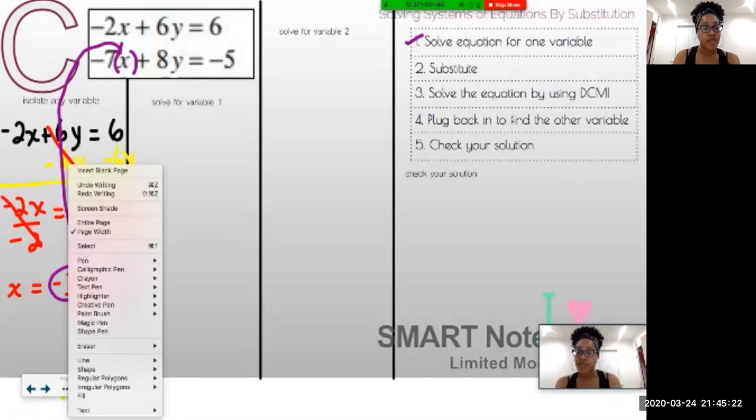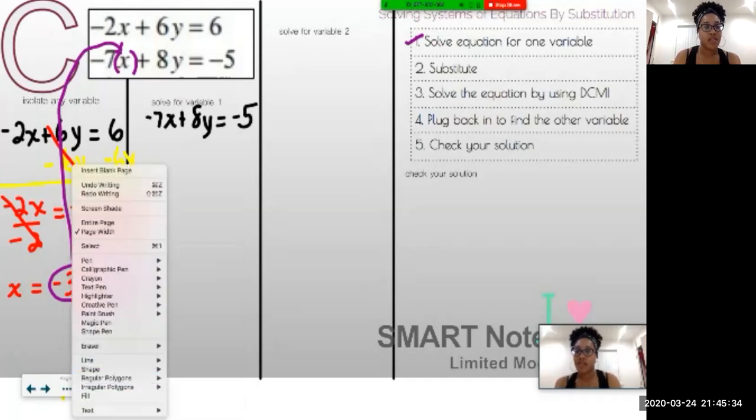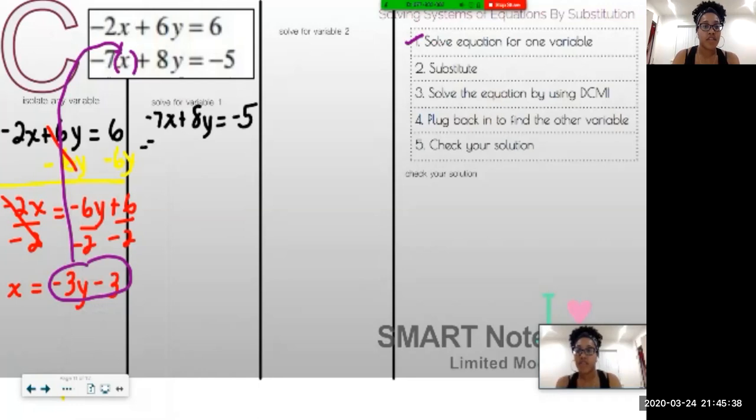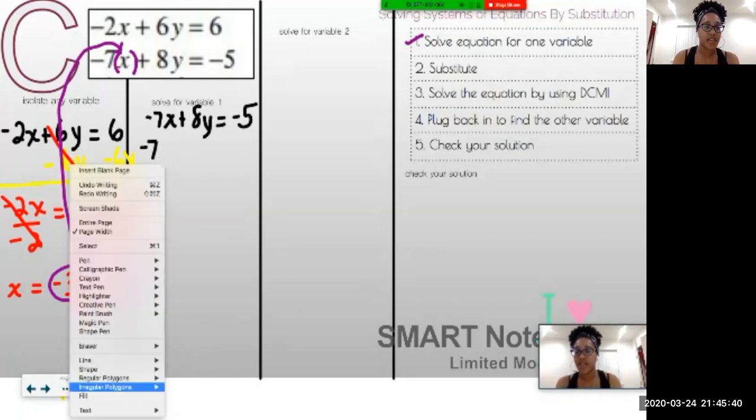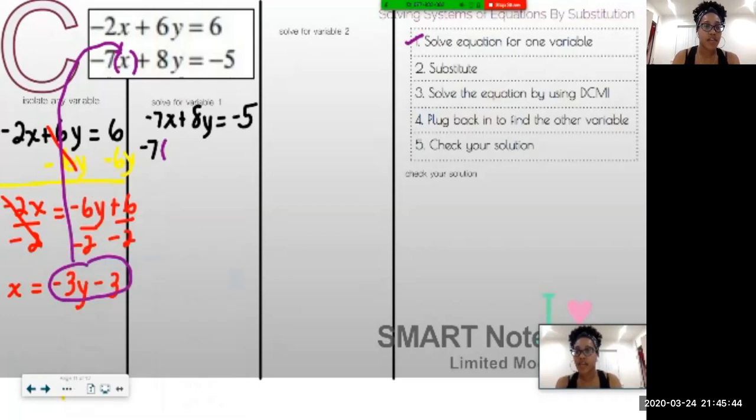Okay, so I'm gonna write my original equation in black ink for you all. And then, again, what came with the problem, I'm gonna keep in black ink. When I'm substituting, I'm gonna put it in purple ink. We said that we know that x is negative 3y minus 3.